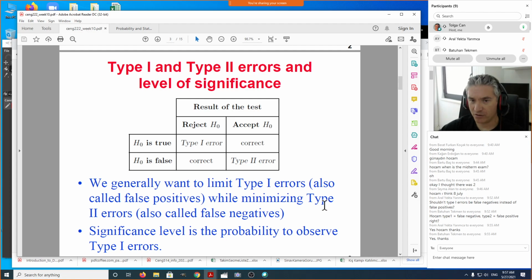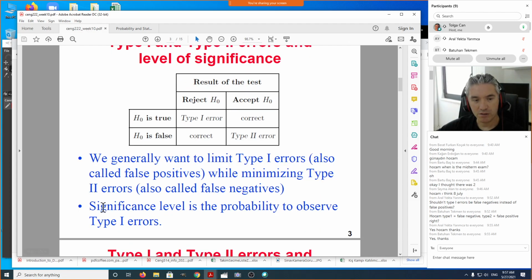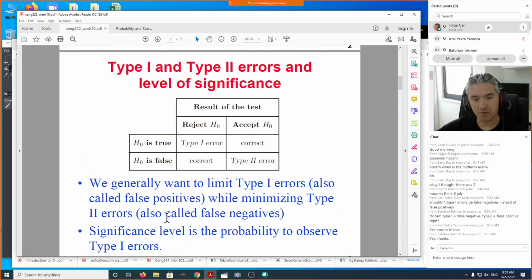Again, this is also what happens when you conduct a diagnostic test and go into a hospital. They say the same thing. If your test result is positive, it means that you have the disease, which is something rare in the population, right?